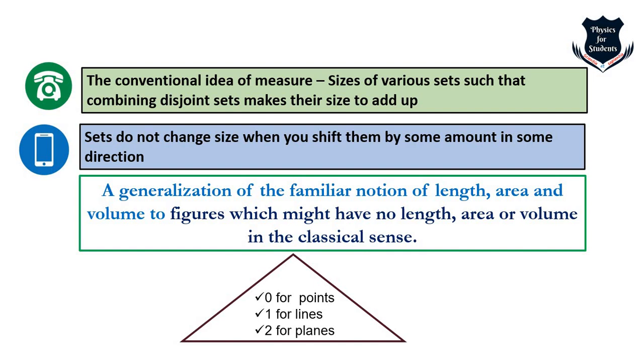In Euclidean space, I have just taken a triangle to demonstrate that in ordinary Euclidean spaces, the Lebesgue dimension is 0 for points, 1 for lines, and 2 for planes, right? So this gives a general idea of what Lebesgue dimension is and its impact in topology, as we move from the conventional way of measuring things into something which doesn't have a volume at all in a classical sense.